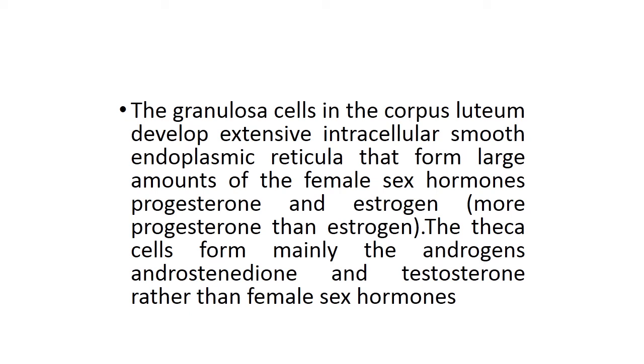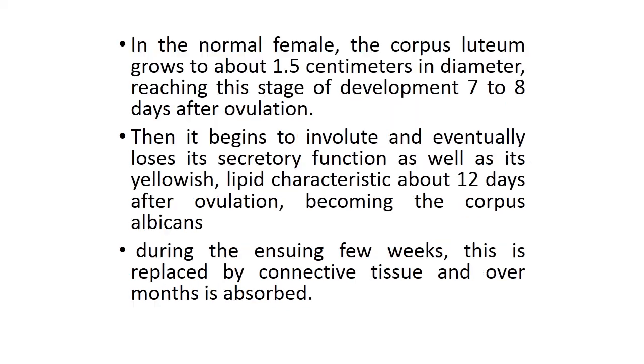The granulosa cells in the corpus luteum develop extensive intracellular smooth endoplasmic reticula that form large amounts of the female sex hormones progesterone and estrogen. The theca cells form mainly the androgens, androstenedione and testosterone, rather than female sex hormones.